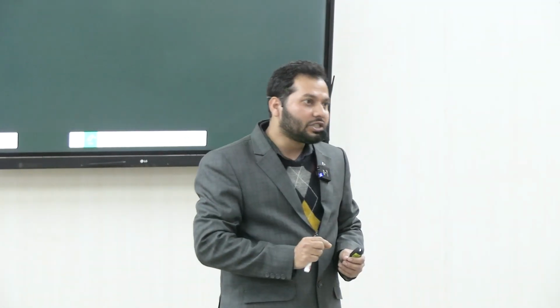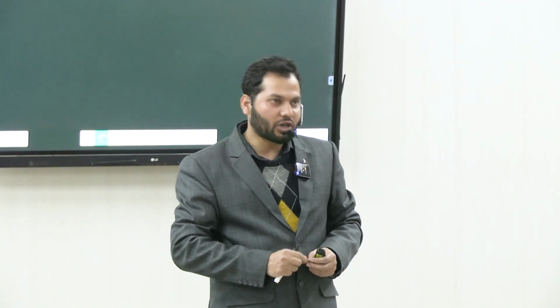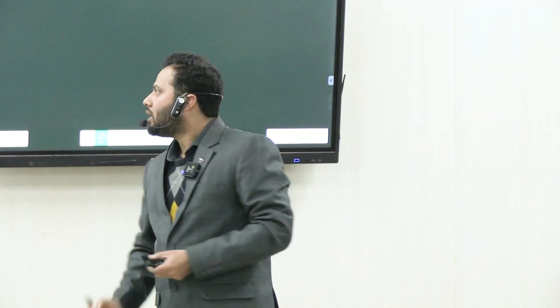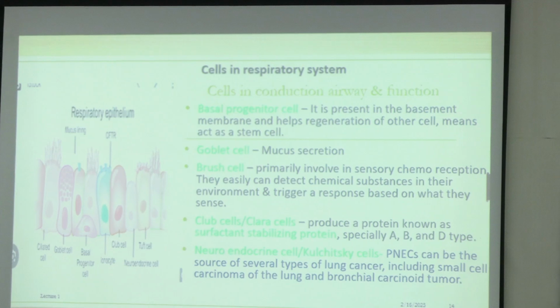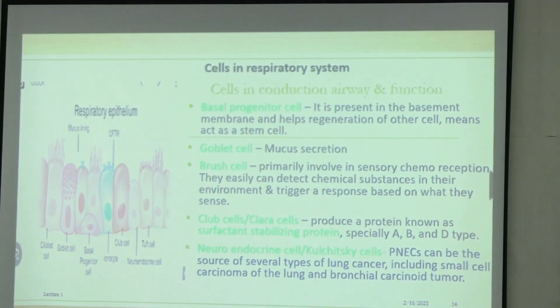Chemoreception. It means the cell surface of the brush cell, or the cell surface receptors of the brush cells, is very much sensitive to chemical substances because it contains some receptors that receive the chemical sensation. Other than these, club cells, which are also known as Clara cells, produce an important type of protein called surfactant protein or surfactant stabilizing protein.